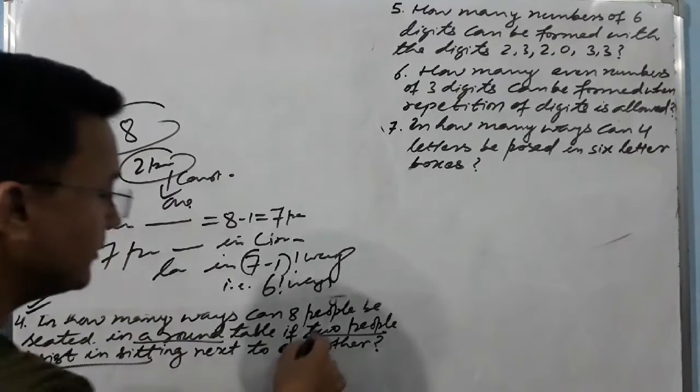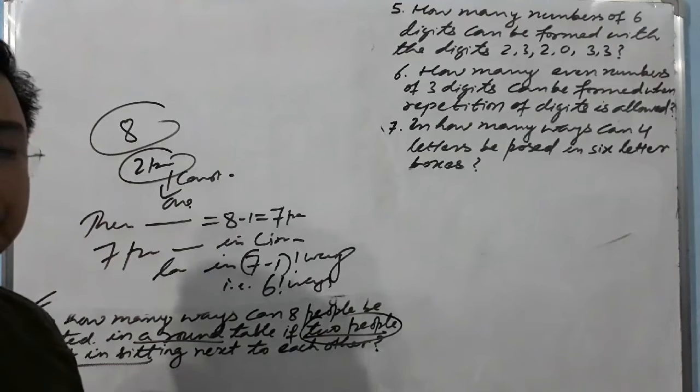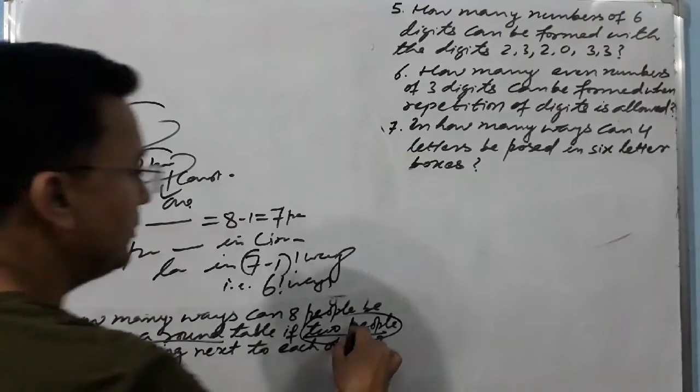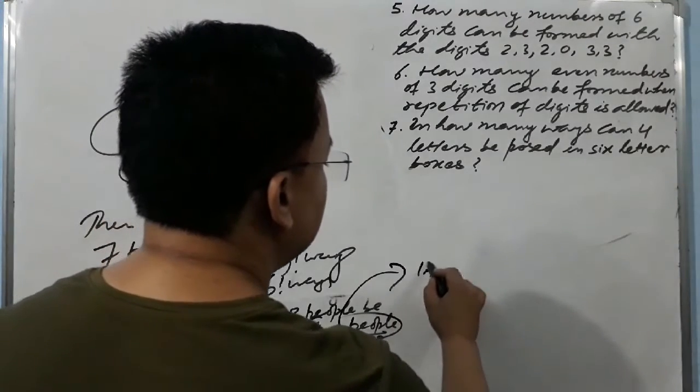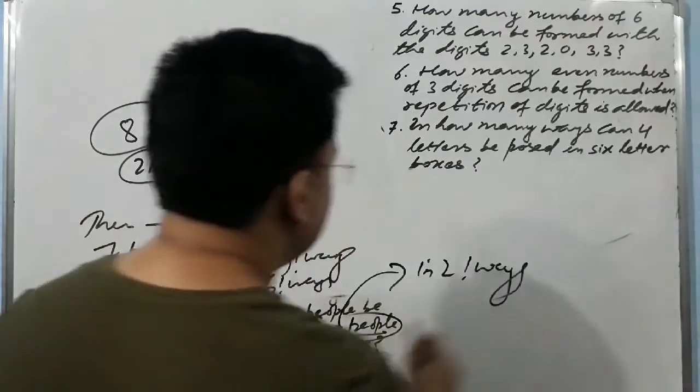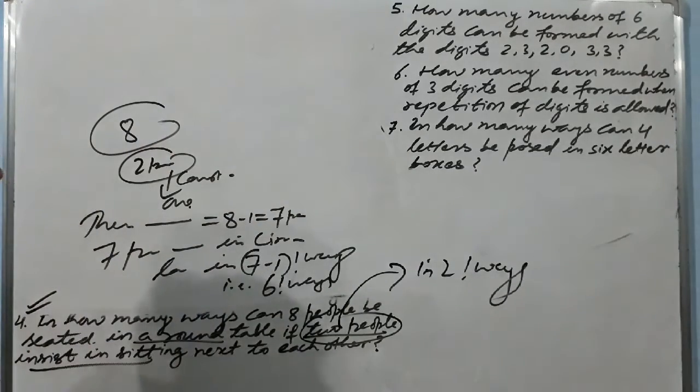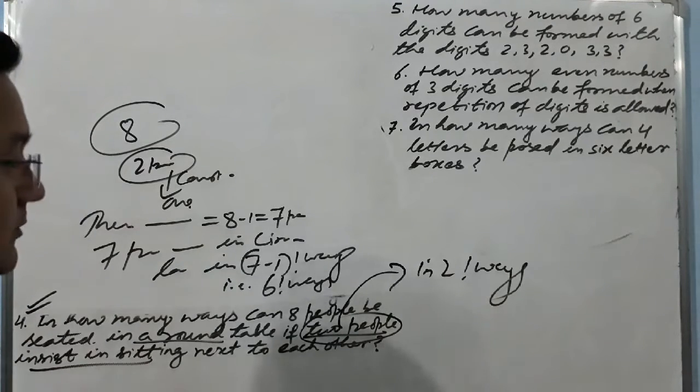And then the 2 people can interchange their seats in 2 factorial ways, as I told you already. This type of statement is going to be repeated.